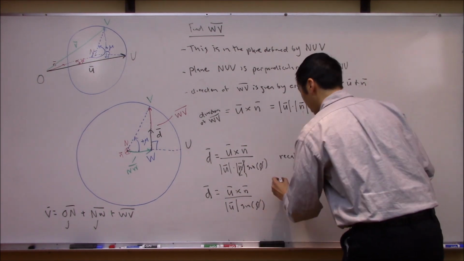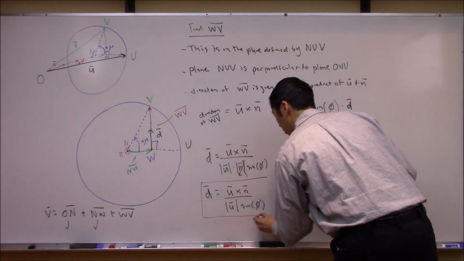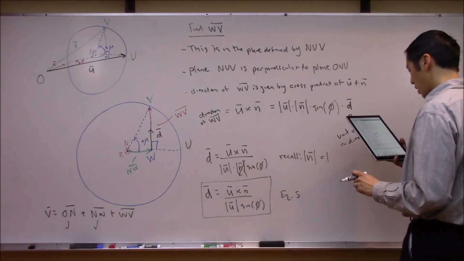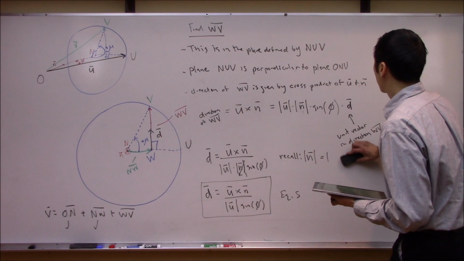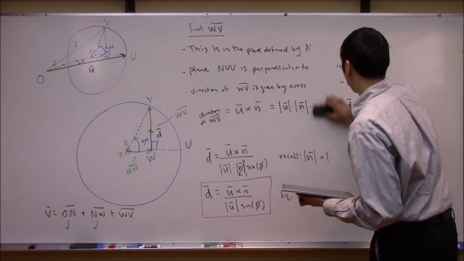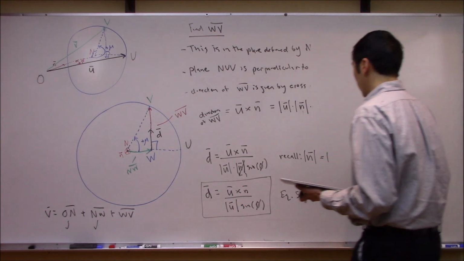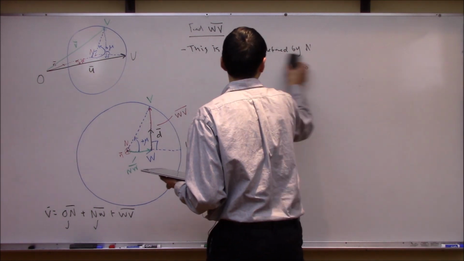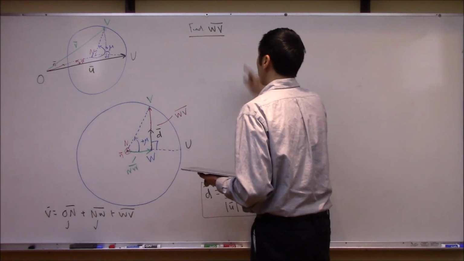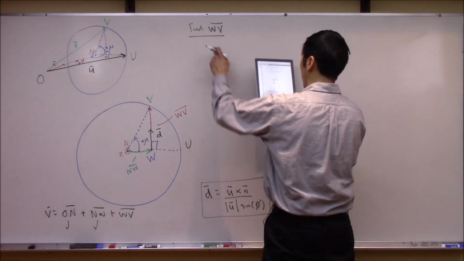Okay, great. Let's box it up again. We will use it in a second. And let's go over here. Maybe let me erase some of this so we have a little bit of space. We don't have to get rid of everything. Actually, let's get rid of everything except our result here. We're still trying to find WV.